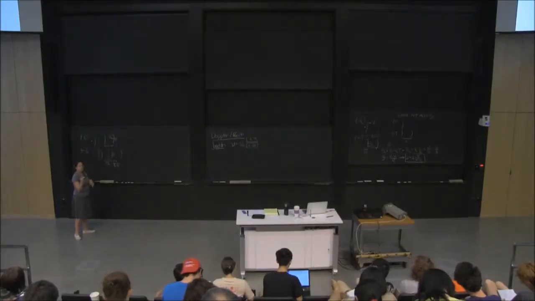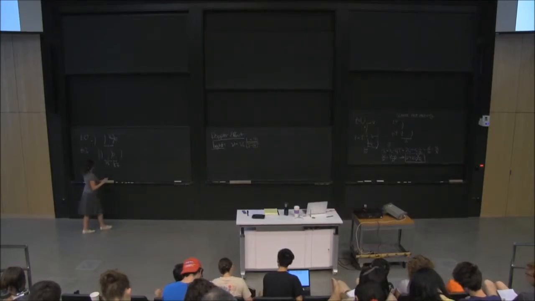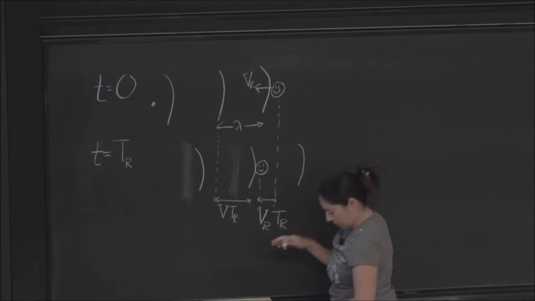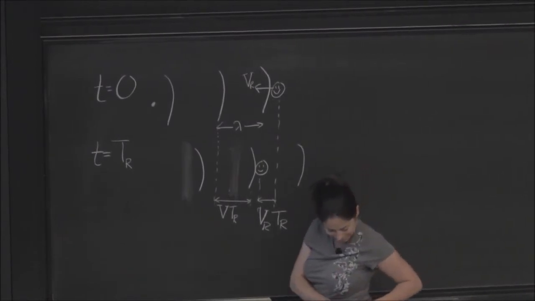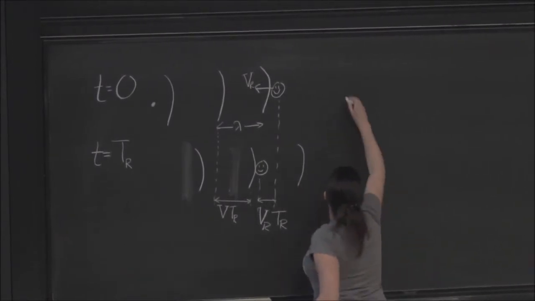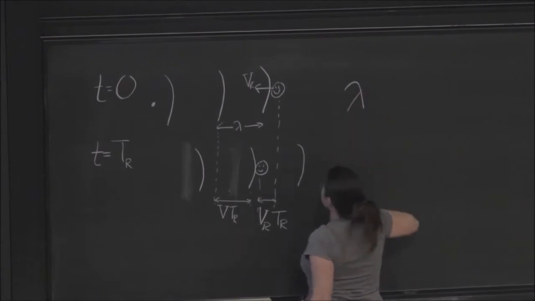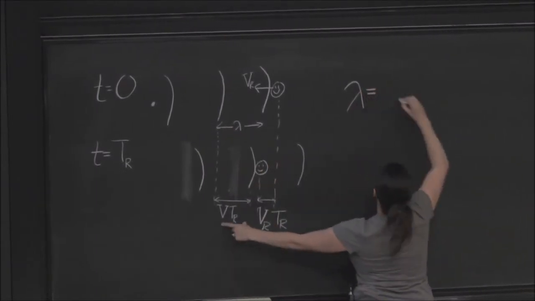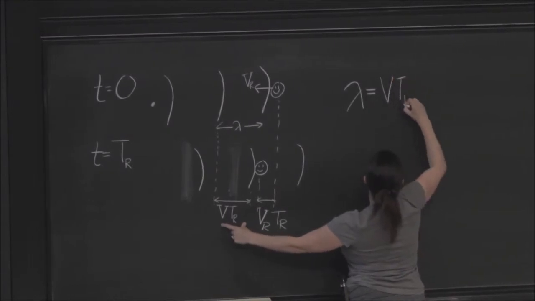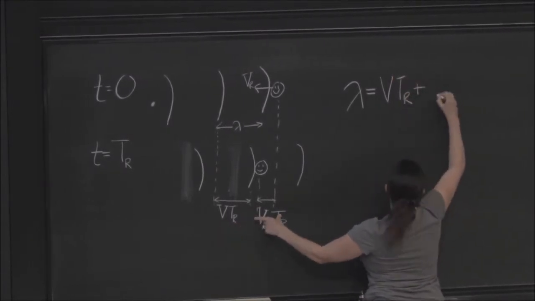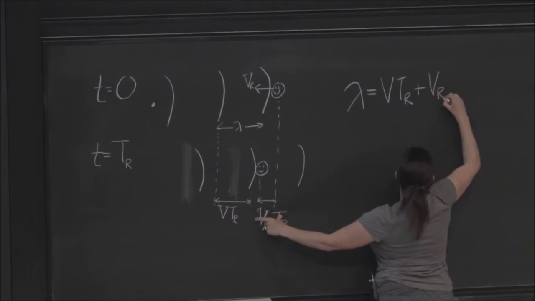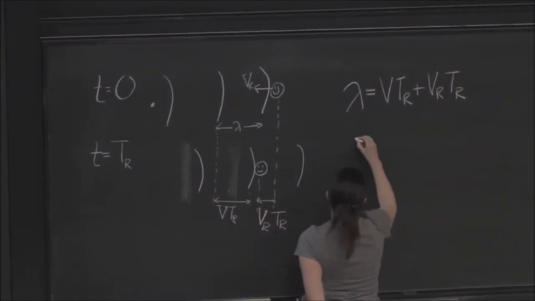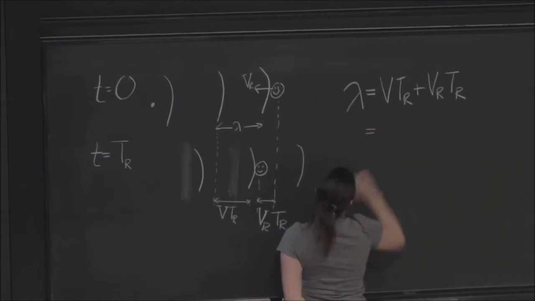Okay. So we can say then that the wavelength that was emitted is equal to this distance plus the distance that the receiver moved. Let's simplify this a little bit.